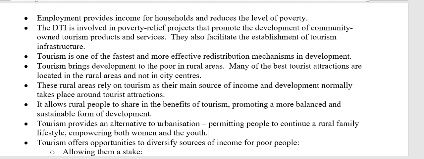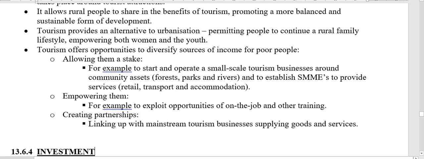Basically, tourism provides an alternative to urbanization. Because there's more poverty in the rural areas, a lot of people decide to move to the cities. Remember, we spoke about this in chapter 11 about urbanization, where the population in the cities is becoming very big and the cities are becoming overcrowded. So instead of people coming into the city for opportunities, we create an opportunity for them in the rural areas.